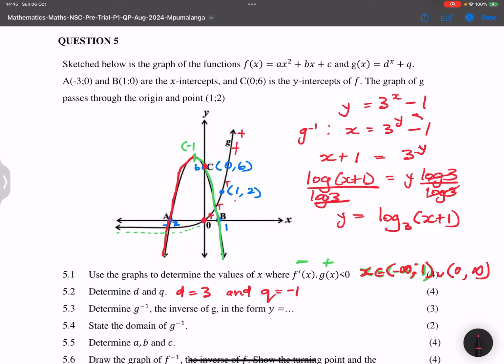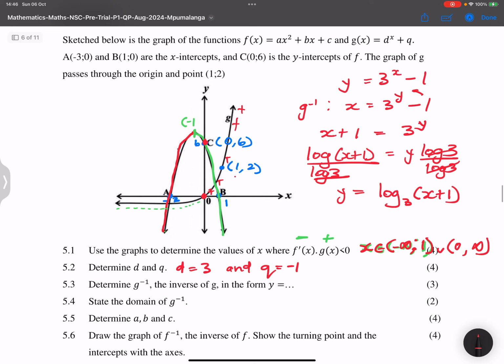Remember, I can express log of x plus 1 divided by log 3 this way in terms of logs. So we know the answer there. This would be log base 3 of x plus 1.